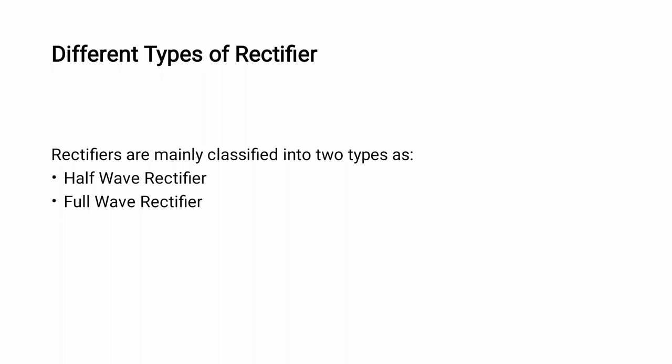The type of rectifier that converts only one half cycle of the alternating current into direct current is known as a half wave rectifier. Similarly, a full wave rectifier converts both positive and negative half cycles of the alternating current. And full wave rectifiers are classified into two types. One is the center tap full wave rectifier, where only two diodes are used, and another is the bridge rectifier, where a total of 4 diodes are used.